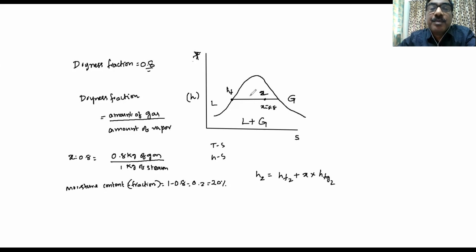Okay, so what is this one? This is HF. And this point is Hg. The difference between the enthalpies of these 2 points will be the total heat required for evaporation.